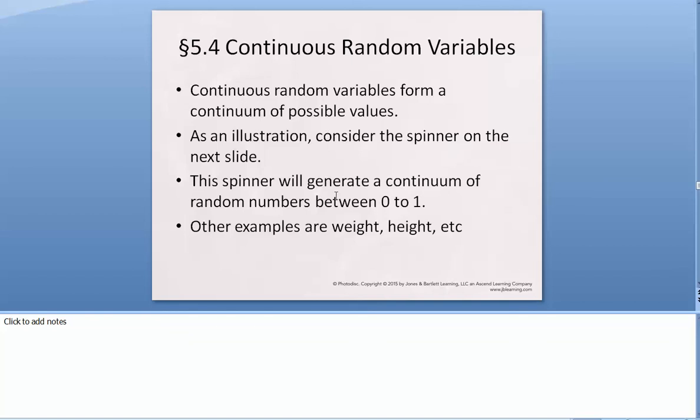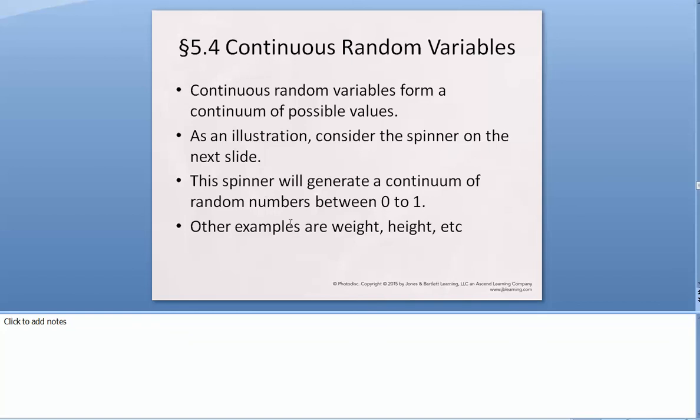Now, in the next slide they have a spinner illustration as a continuous random variable, using a spinner, and the random numbers it generates. Each random number value will be a continuous random variable, because any number between 0 and 1 could be a random number in the way the spinner generates the random numbers.